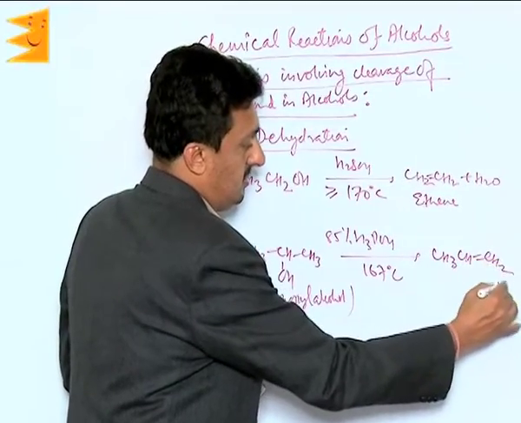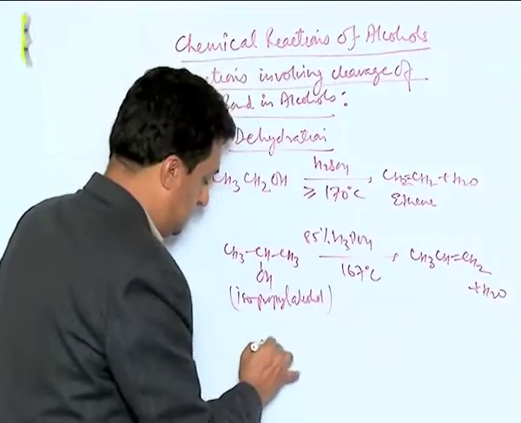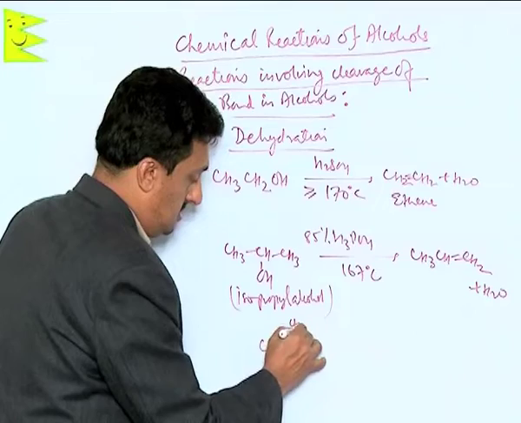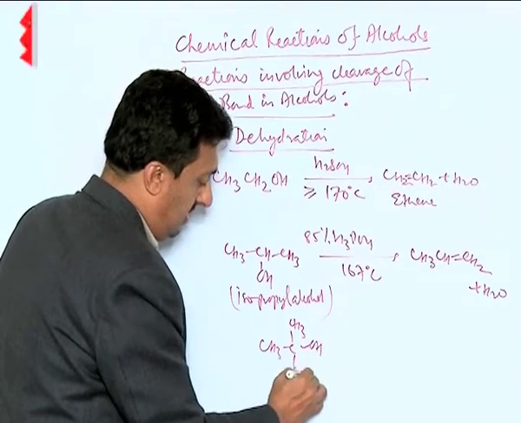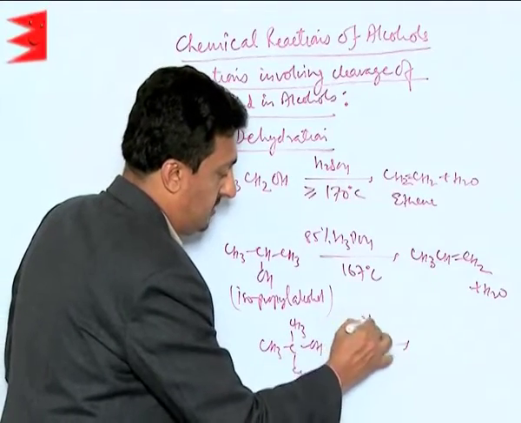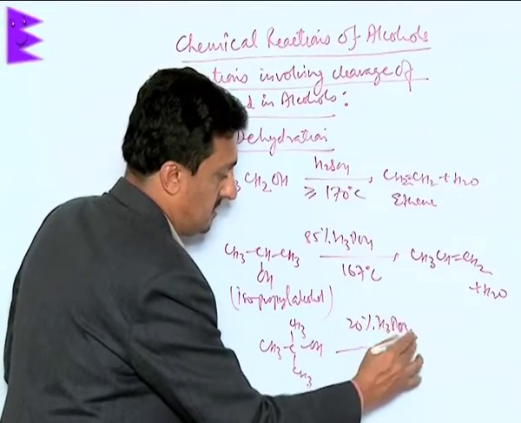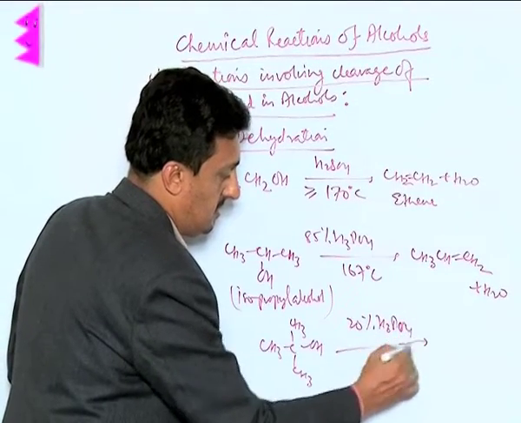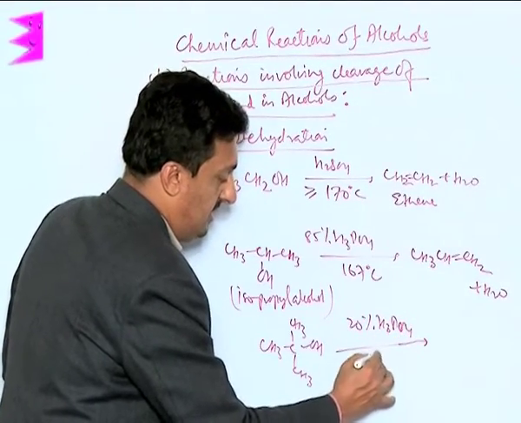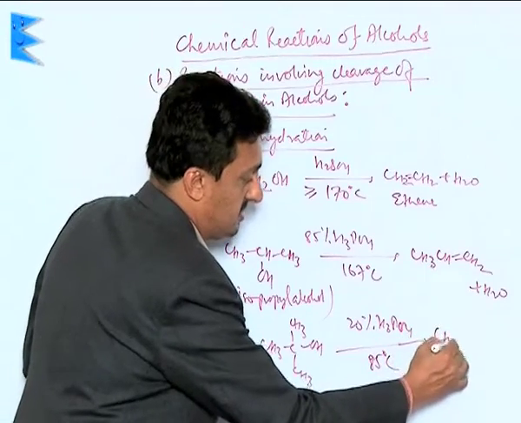Propene. Whereas tert-butyl alcohol with only 20% phosphoric acid and at around 85 degrees Celsius gives us what?